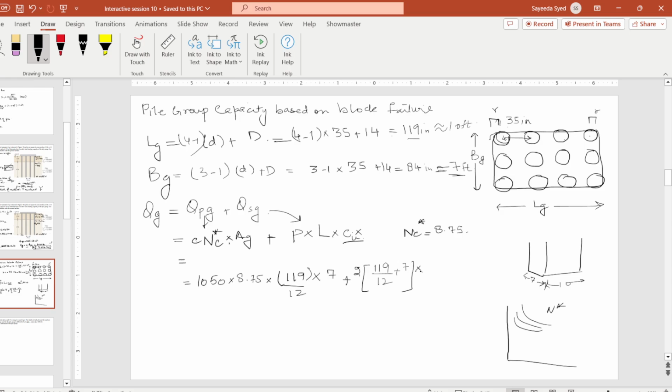L1 is 15, 1050, 1775. So this will be 15 into 1050 plus 45 into 1775. Let me calculate.